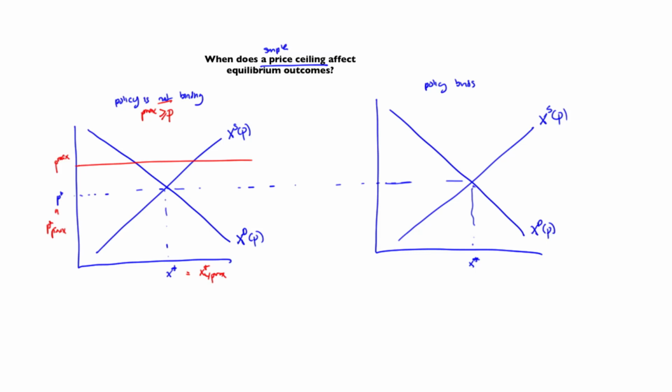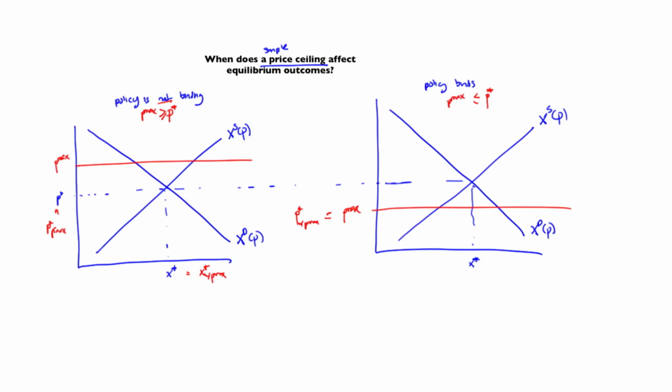Now, the case that is more interesting is what happens if the price ceiling is something like this. So in this case, P max is less than or equal to P star. Okay? In this particular case, because of the policy, this becomes the new equilibrium price, because the price cannot go above that.